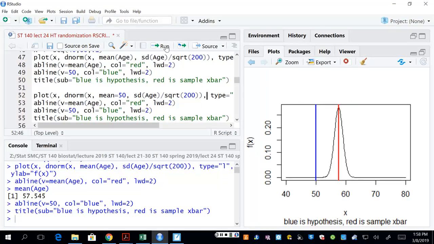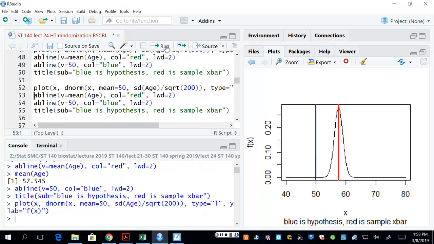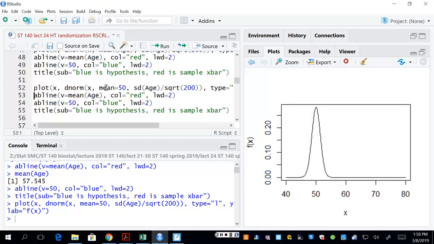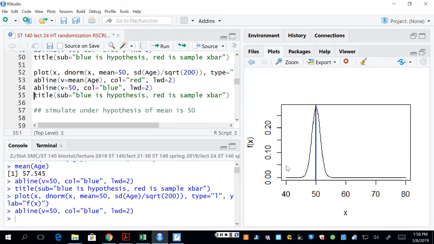In hypothesis testing, we concentrate on the null hypothesis. So if the null hypothesis is a mean of 50, we're going to look at what the sampling distribution would look like if it was centered over there at 50. If it's 50, the normal probability distribution would be centered right there.